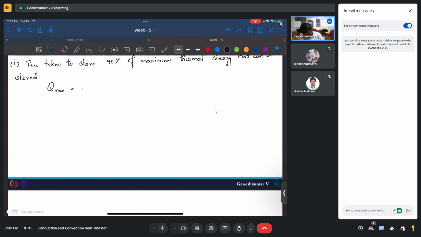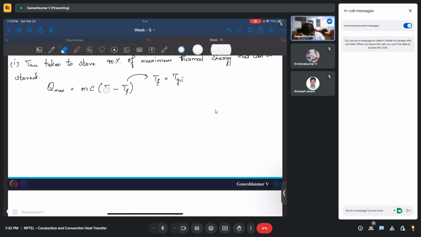is going to be simply m c into T final minus T initial. Here the T final is simply the gas phase temperature, right? From the initial temperature you can go only to the gas phase temperature.